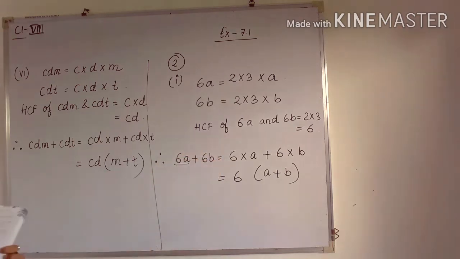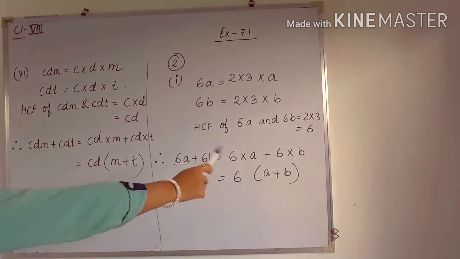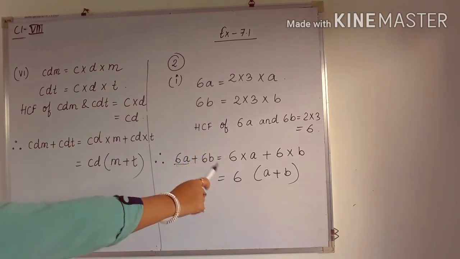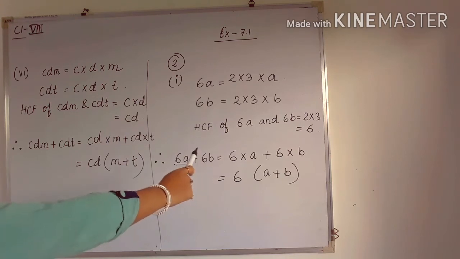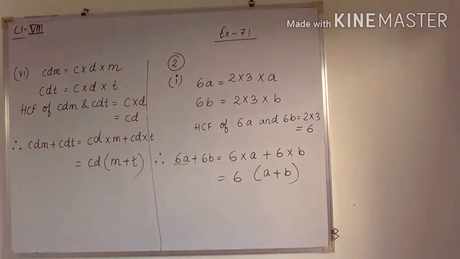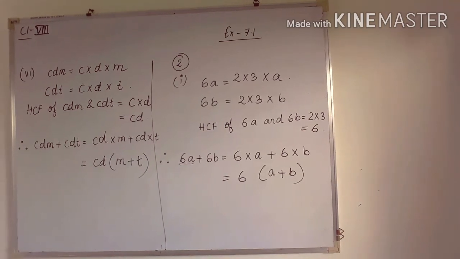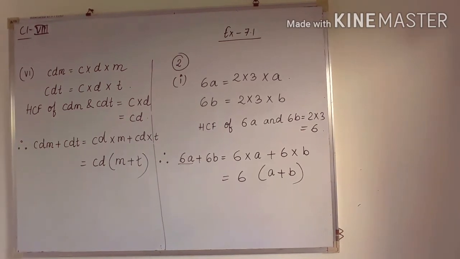Yes, 6. So you can apply the distributive property also. So we take 6 outside and inside the bracket the remaining terms are a plus b. Okay. Next, come to the next question. Question number 6. CDM plus CDT. You have to factorize CDM plus CDT.